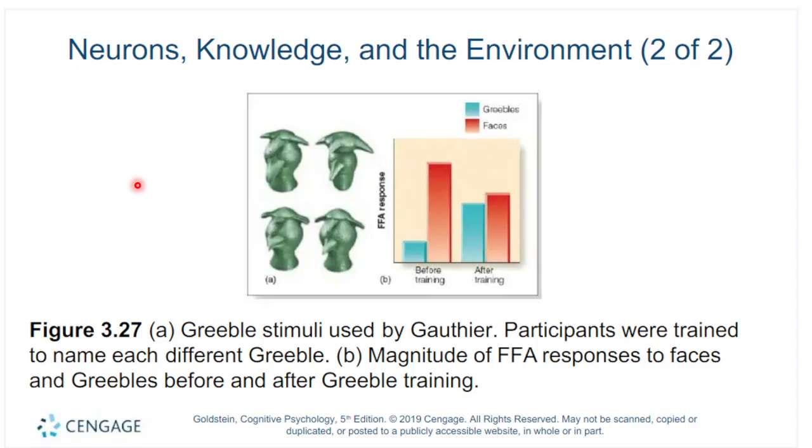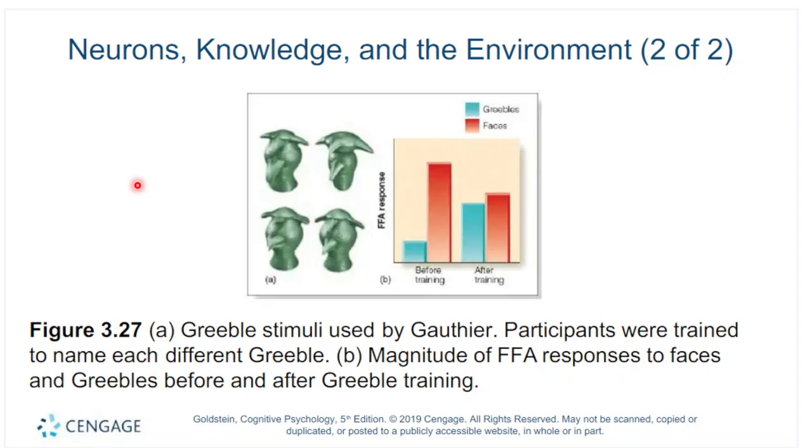So, makikita natin na the experience dependent plasticity might be doing something in determining the neurons response to faces by measuring the activity in the FFA. So remember yung FFA, ito yung part ng brain natin na nagpo-process ng mukha, diba?